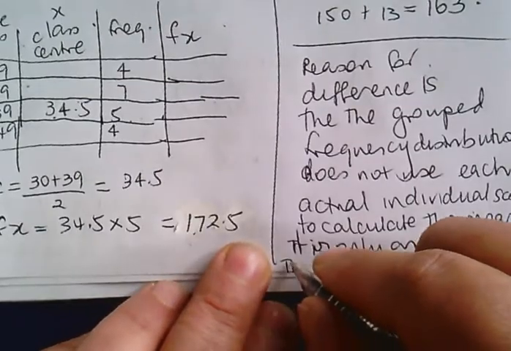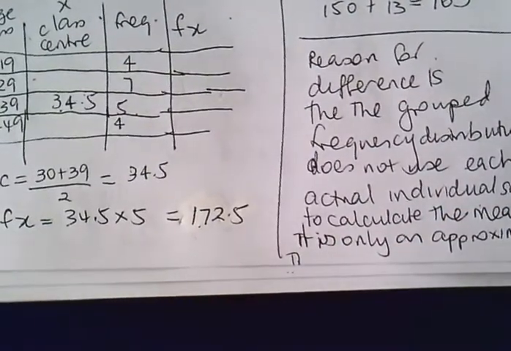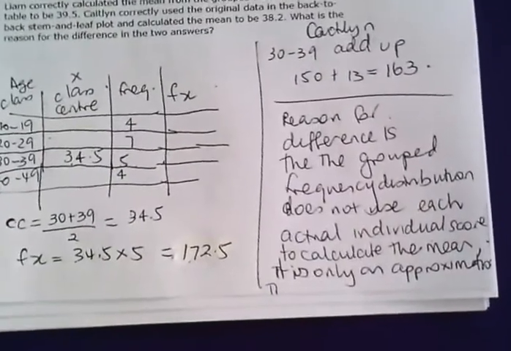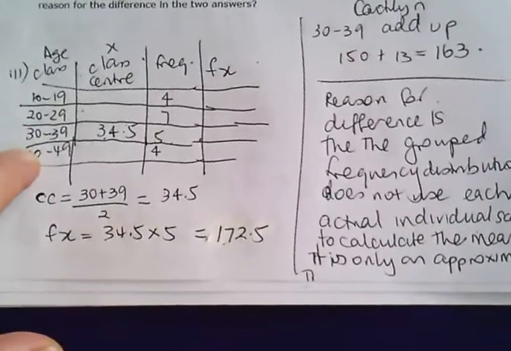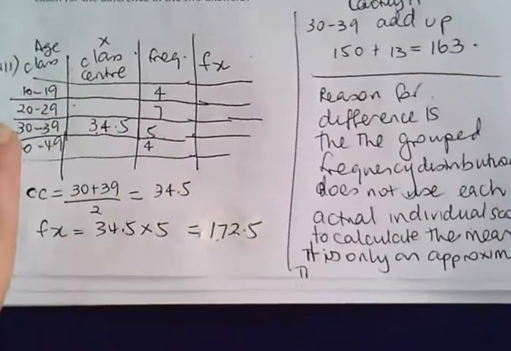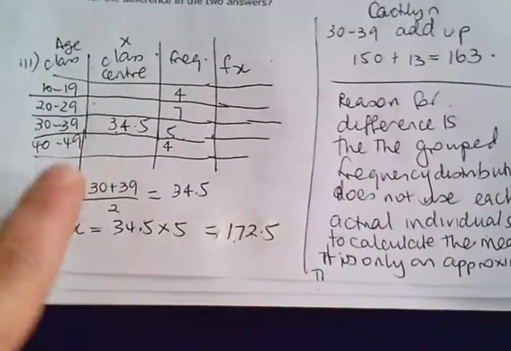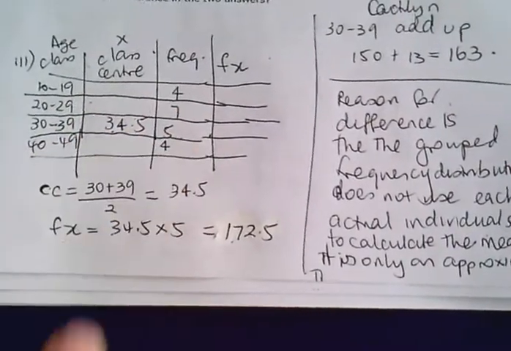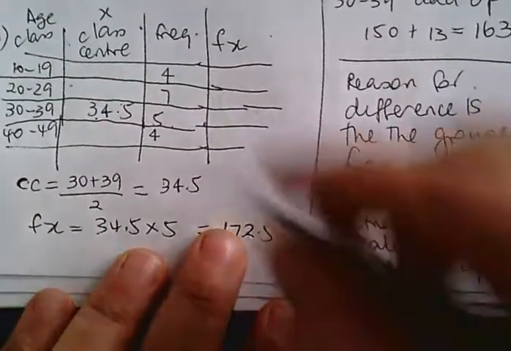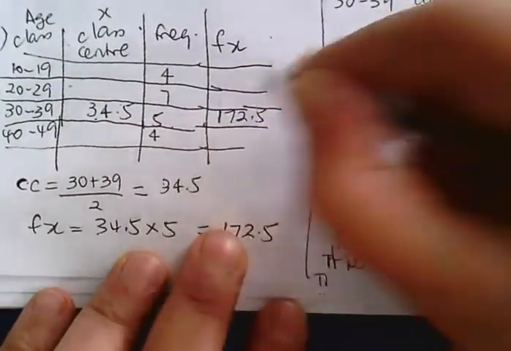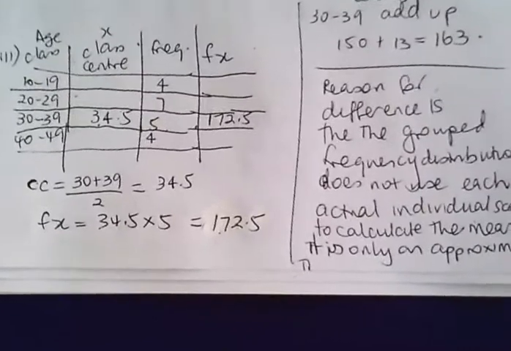So Caitlin's mean is accurate. Caitlin's mean is the correct answer. Whereas Liam is only saying there are 5 people aged 30 to 39. He takes the middle age of 34 and a half, and does 34 and a half times 5 to get 172.5. He's not actually adding up the age of each person. He's getting an estimate.